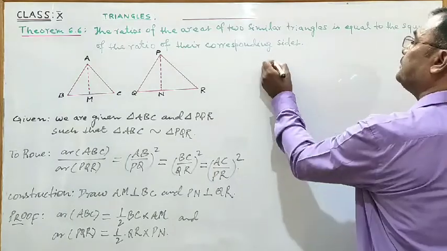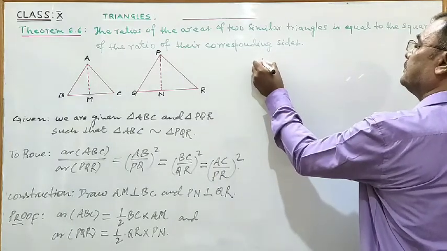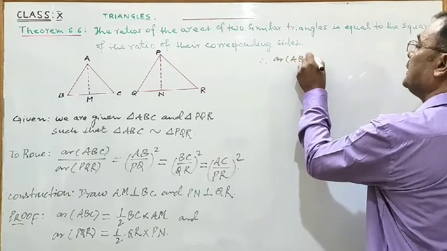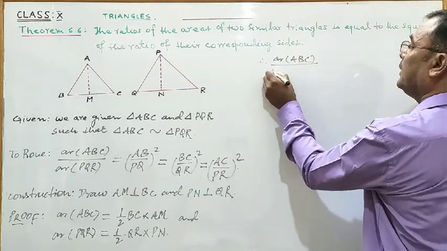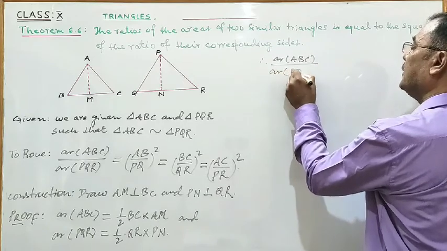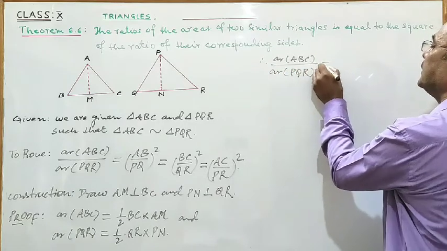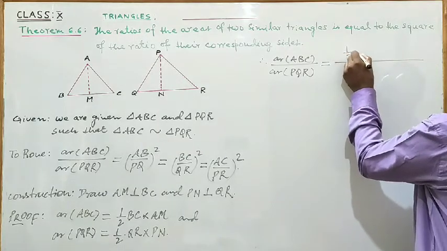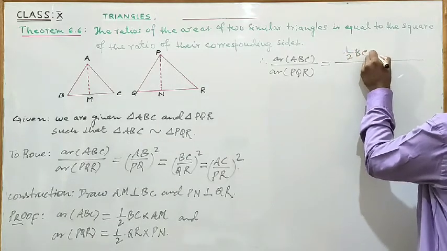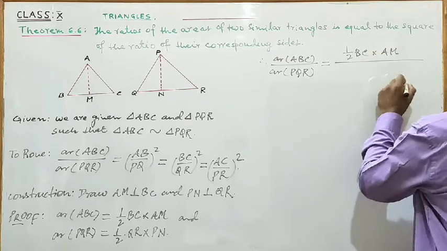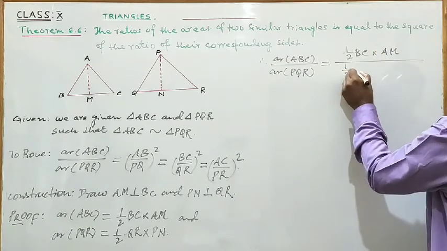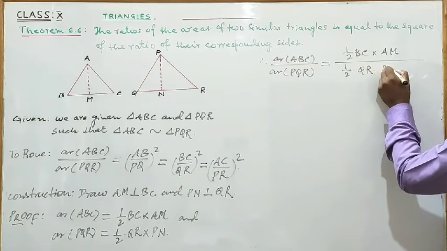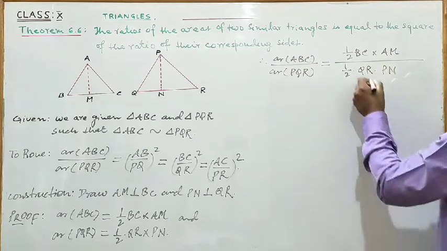Therefore, area of triangle ABC by area of triangle PQR is equal to half into base BC into altitude AM by half into QR into altitude PN.